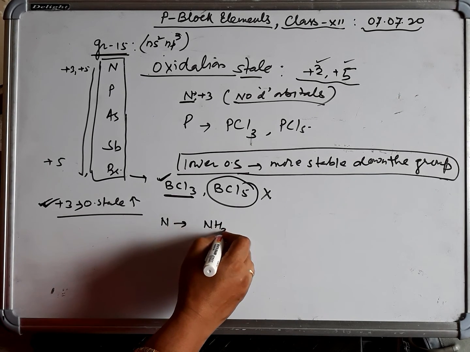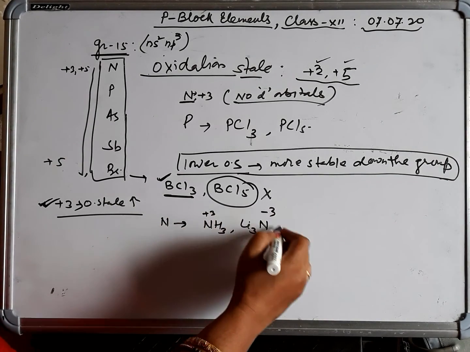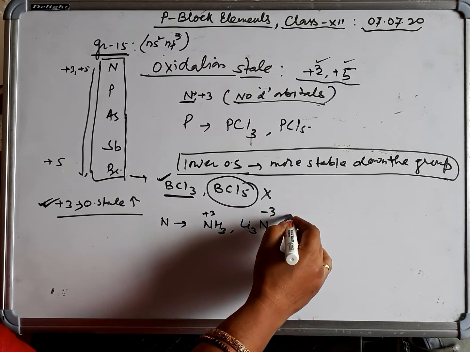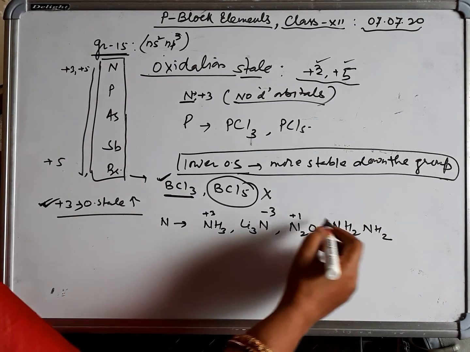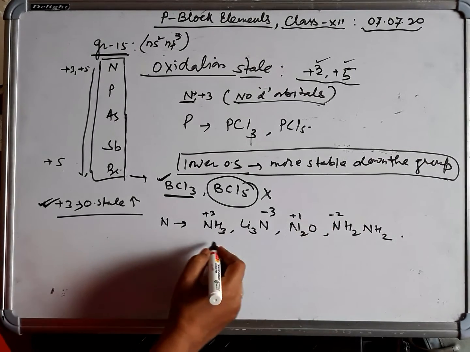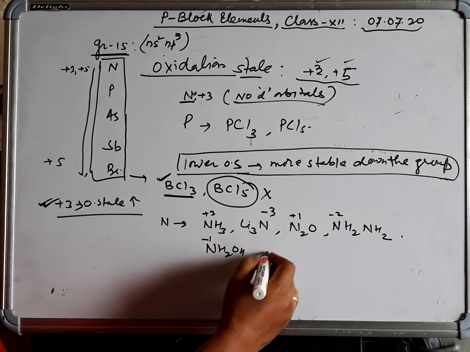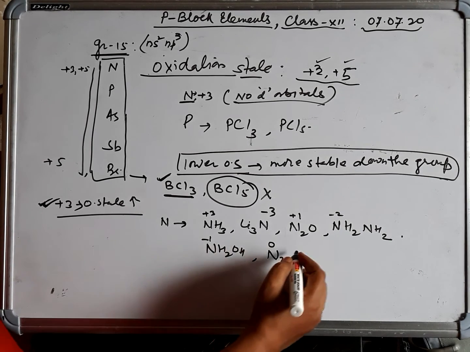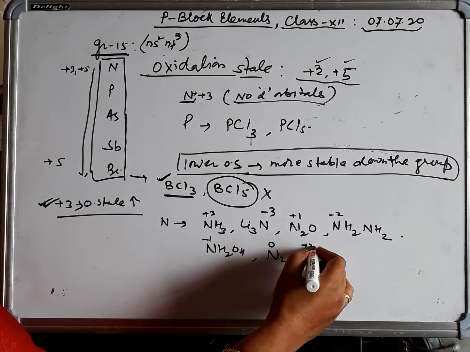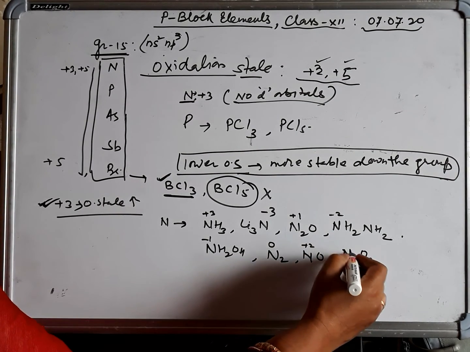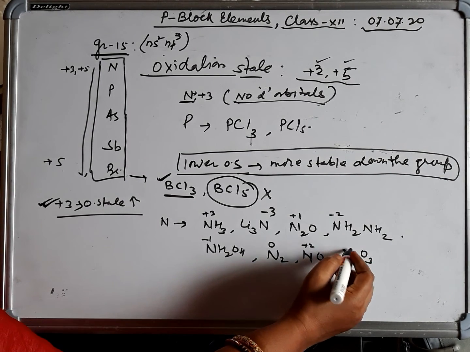Suppose in NH3 it shows -3, in lithium nitride -3, in nitrous oxide +1, in hydrazine N2H4 -2, in hydroxylamine NH2OH -1, in the nitrogen molecule it shows 0 oxidation state, in NO it shows +2, and in N2O3 and N2O5 it shows +3 and +5.